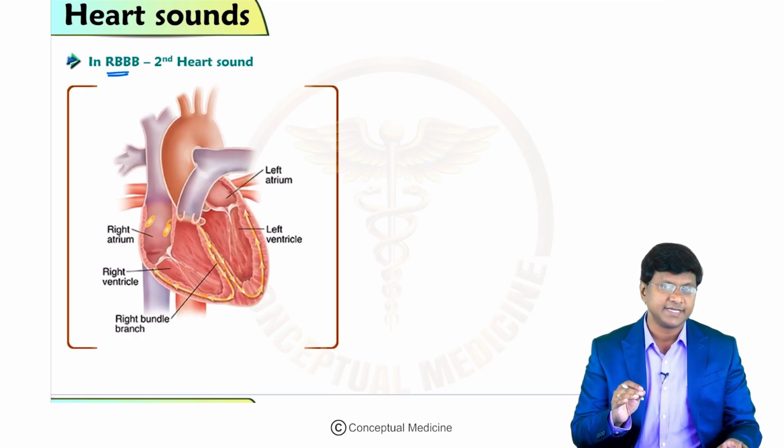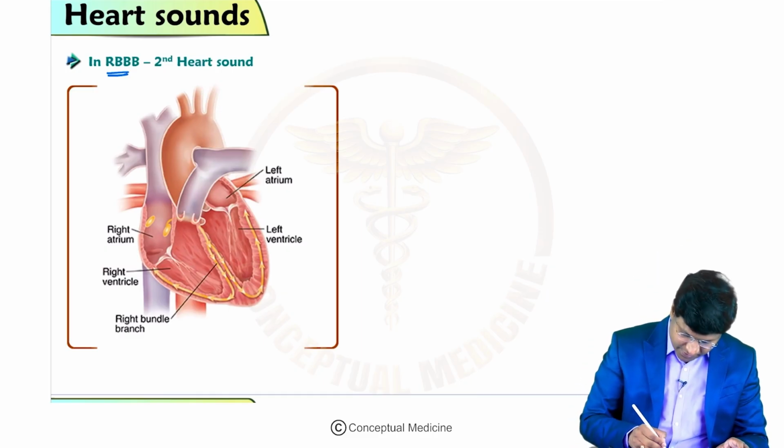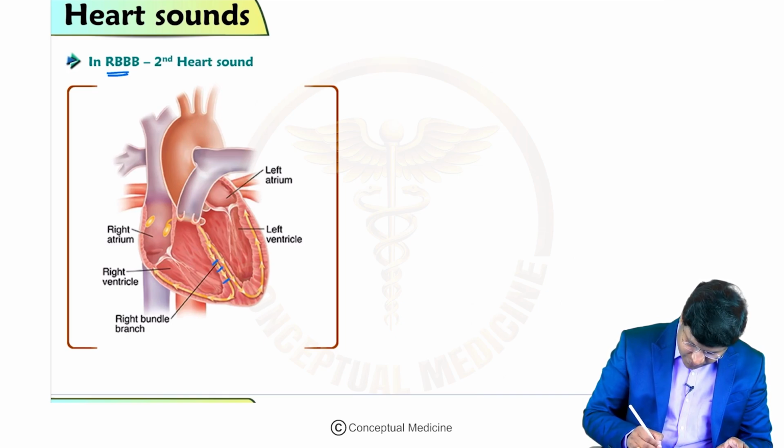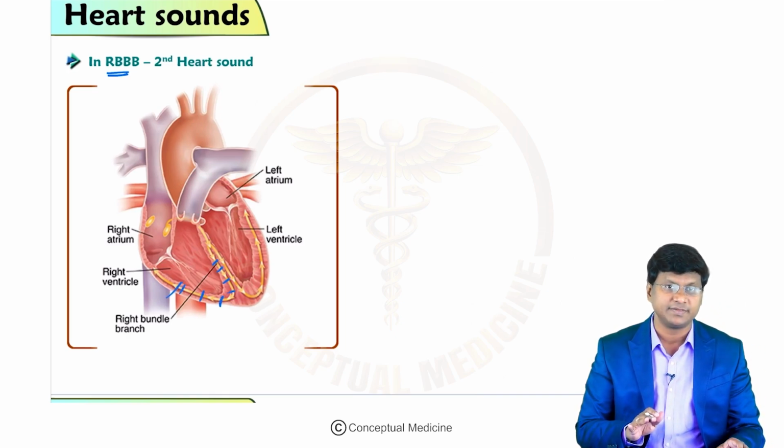The mechanism is that when the right bundle branch is blocked, both the ventricles don't contract simultaneously.